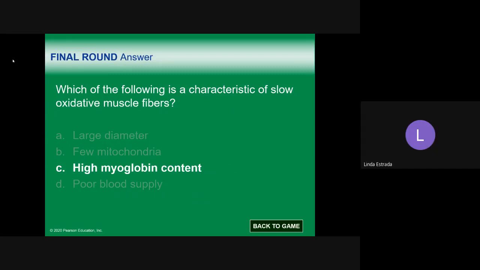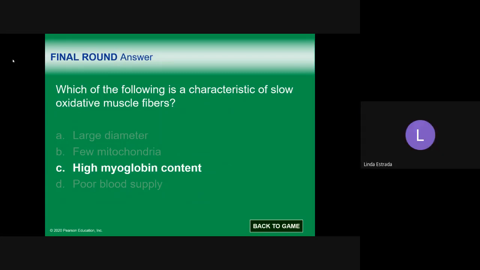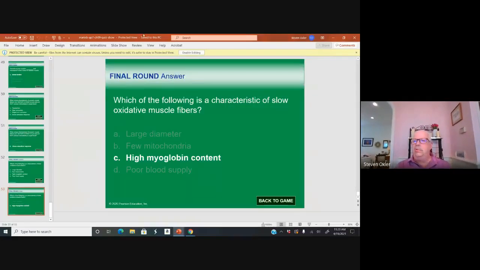O2 storage. Oxygen storage, is that what you said? Yes. Correct. It is the protein in muscle that stores oxygen. Okay? So it's an important protein. All right. That is muscle tissue.